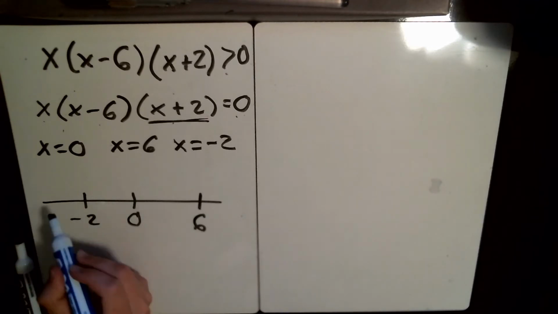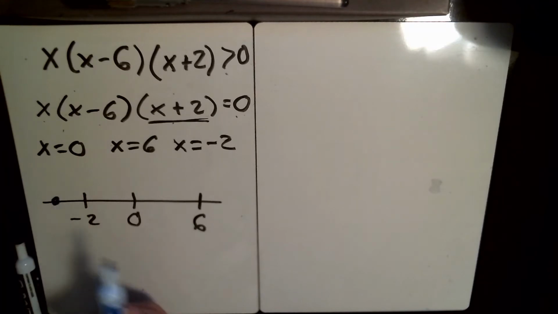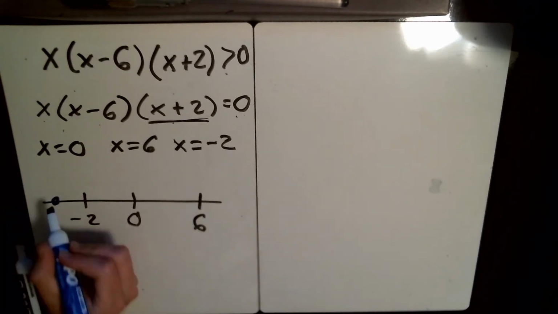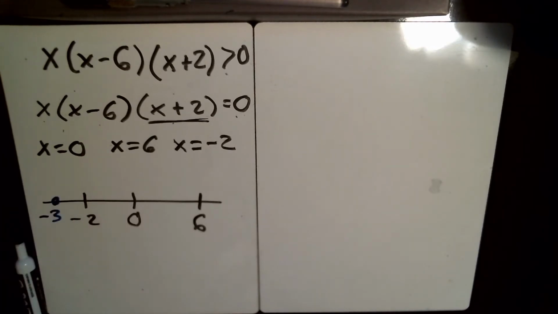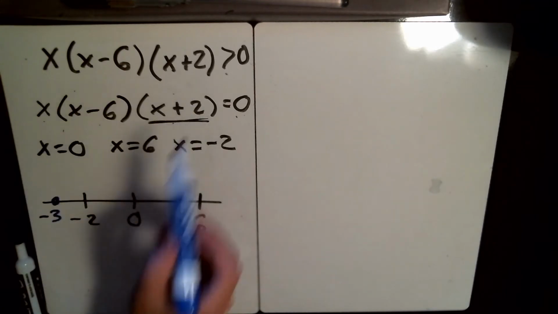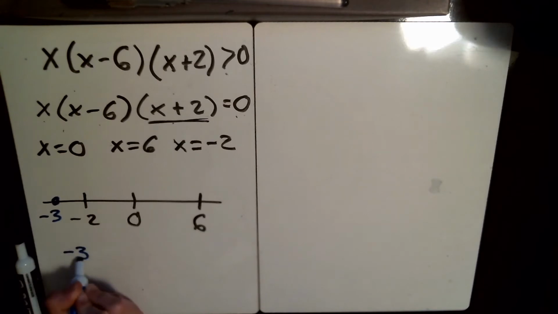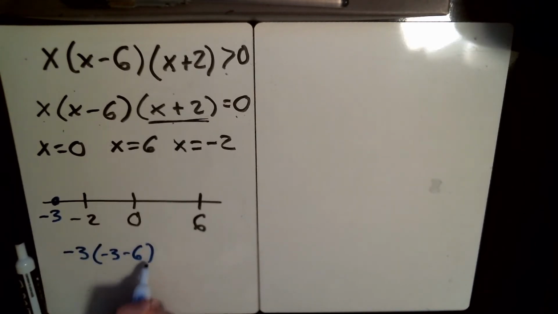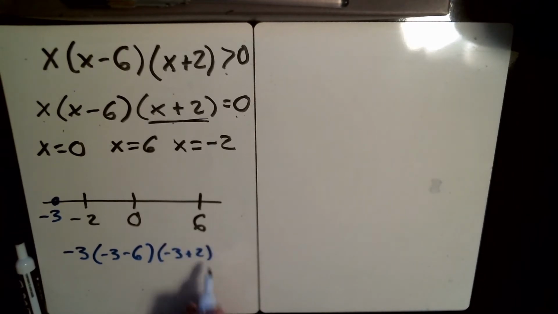Okay, so let's pick something less than -2. Maybe we'll just do -3. We'll plug that in and see if that works. Into our original expression, we have -3 times (-3 minus 6), times (-3 plus 2), and we're wondering, is that greater than 0?